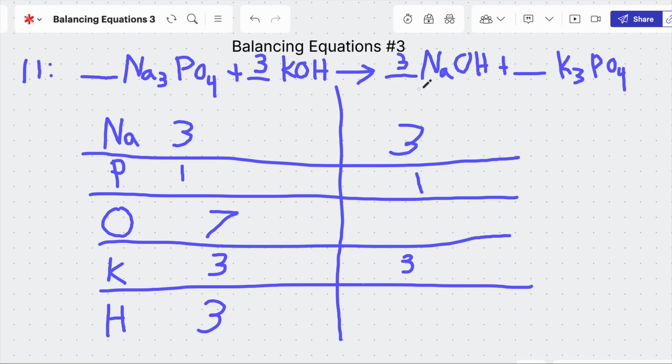For our O's, we got 3 times 1, that's 3 right there, plus our 4 over here. It's going to be 7. And for H's, only got them right here. 3 times 1, that's just 3. Awesome. Okay, so now everything matches up. We can plug 1s into our blanks. Awesome. Okay, and we should be good to go. Sweet.